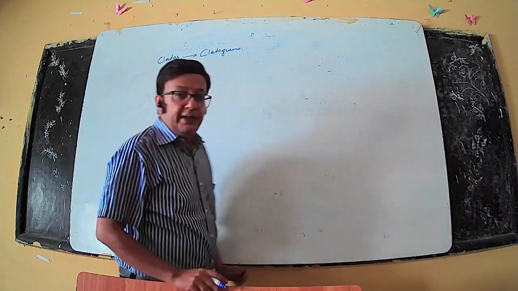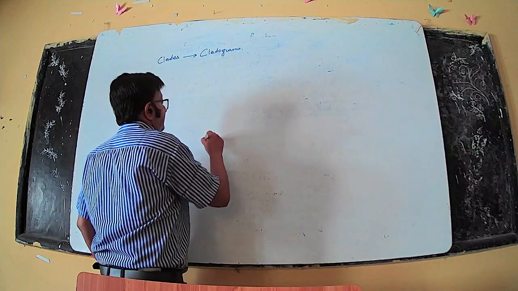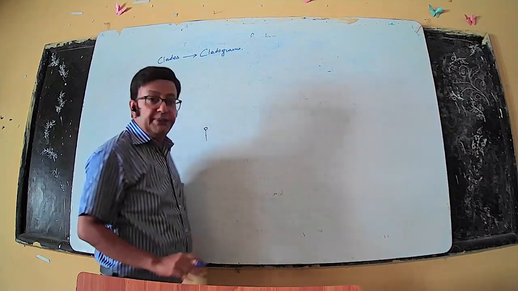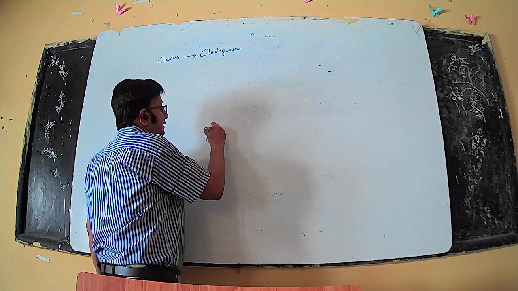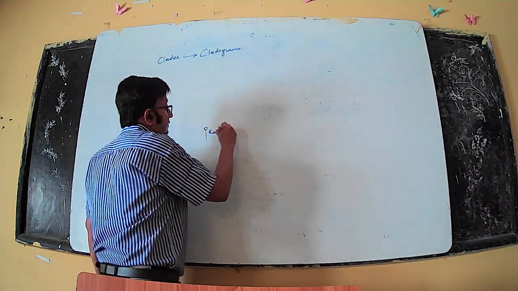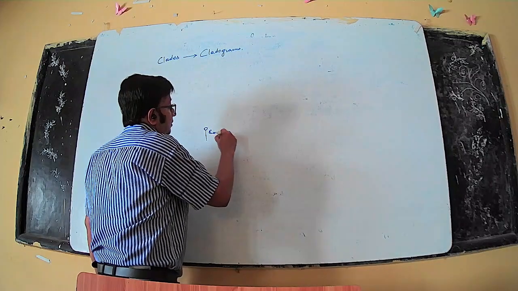For example, let us draw a relationship. This is an ancestor species, the common ancestor.